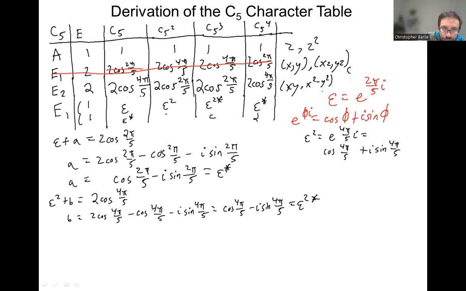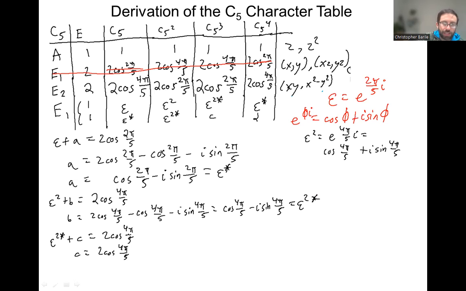So we can fill that in. And then let's do C. So C, we have that the complex conjugate of epsilon squared plus C has to be equal to 2 cosine 4 pi over 5. Very similar sort of thing here. Now we know what the complex conjugate of epsilon squared is. So C is going to be equal to 2 cosine 4 pi over 5.